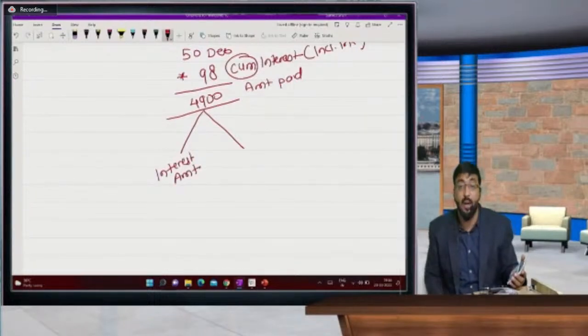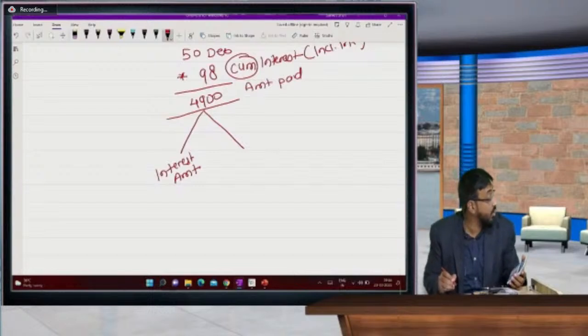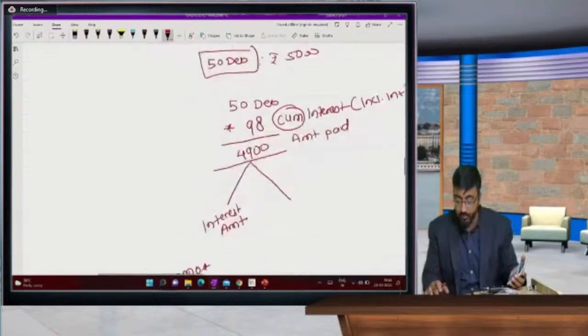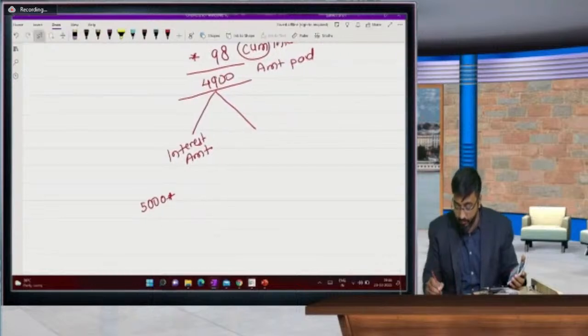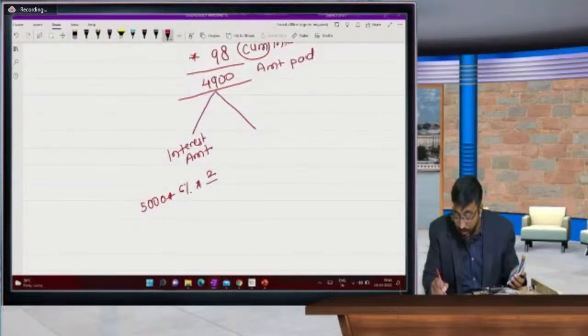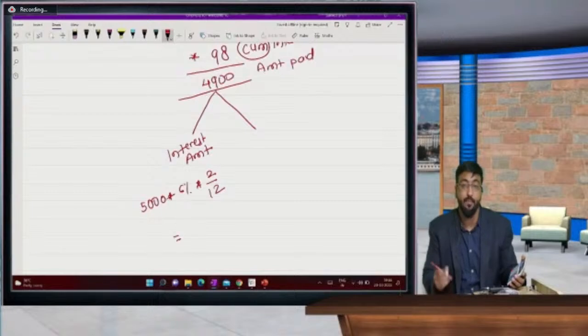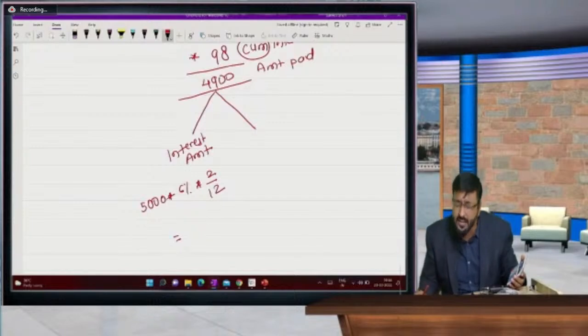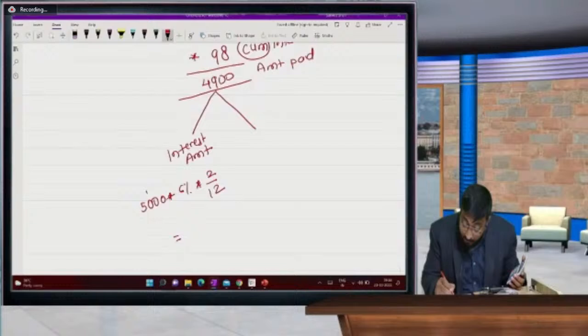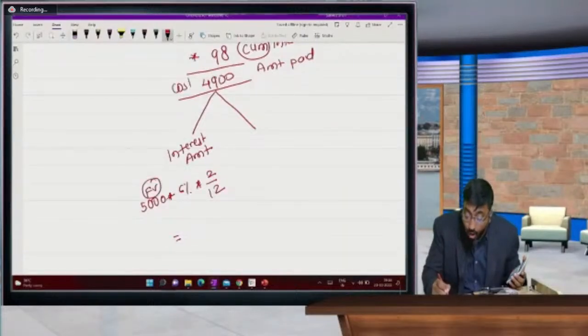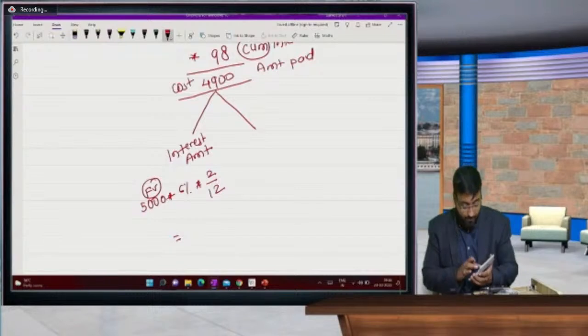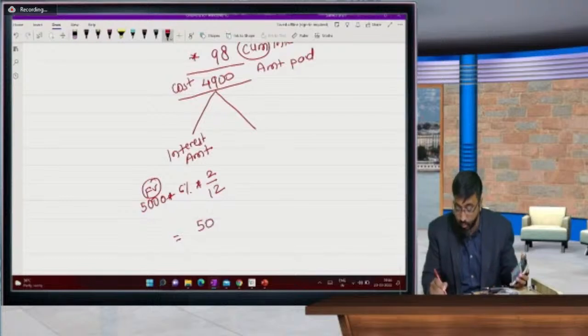Interest amount is always on face value. 5,000 multiplied by 6%, and 2 months interest has to be paid to Mr. X. Remember, interest is always paid on face value, not on cost. 5,000 into 6% divided by 12 into 2. So this is 50 rupees.